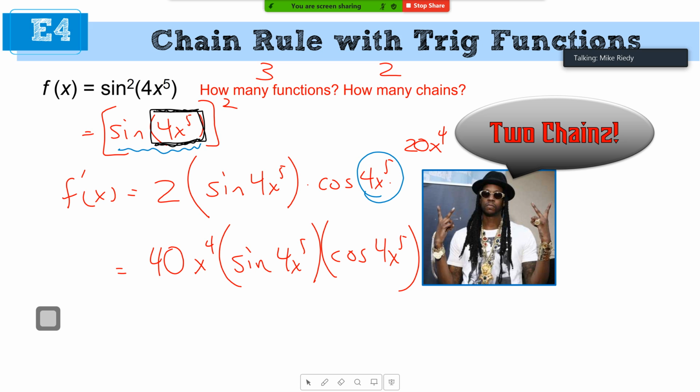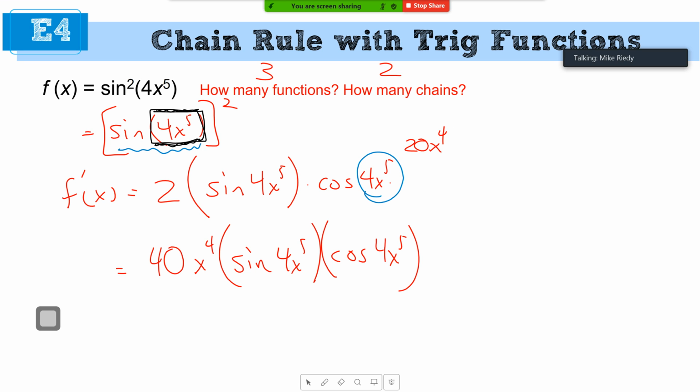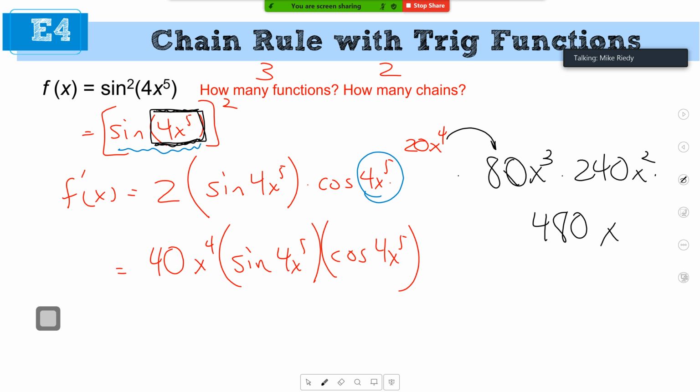One of the reasons why I said it's important to recognize how many chains you have is because if you look at this function, I could keep going with chains. I could then chain on 80x to the 3rd, the derivative of that. Then I could chain on 240x squared. Then 480x, then 480, then 0.